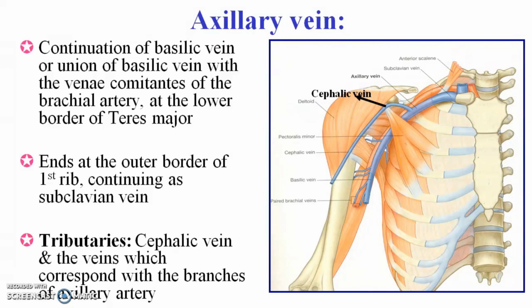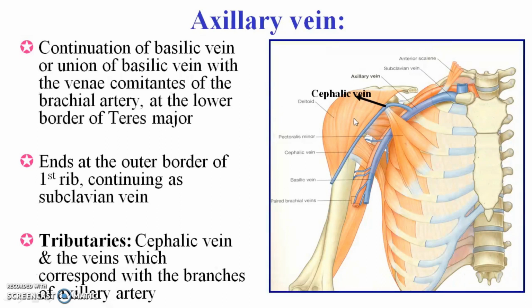These venae comitantes along with the basilic vein unite together in some cases, but in most cases it is a continuation of the basilic vein itself, continuing from the lower border of teres major. In this picture you can make that out clearly.